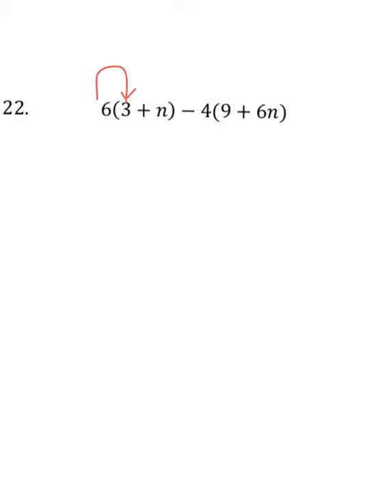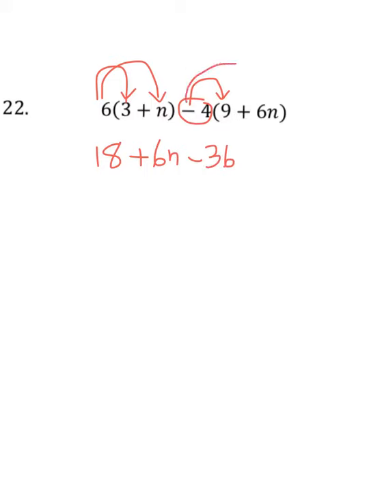6 times 3, 18. 6 times n, positive 6n. Negative 4 times 9, negative 36. Negative 4 times 6, negative 24n.